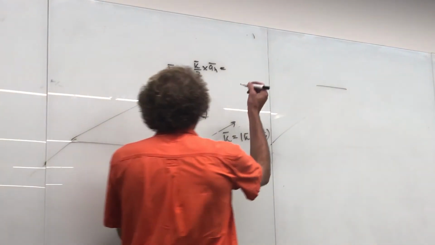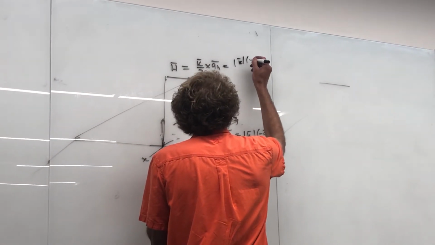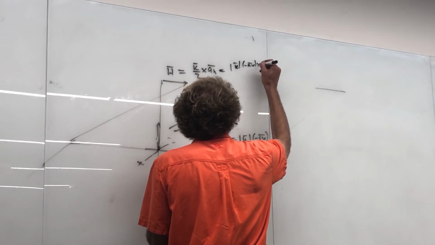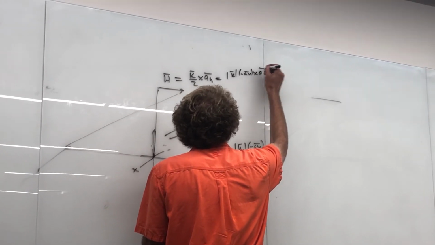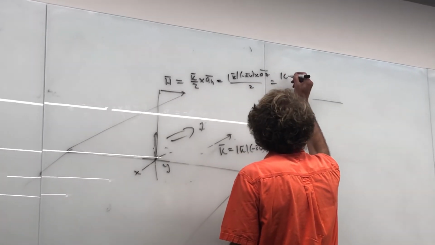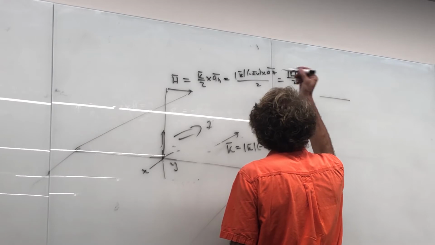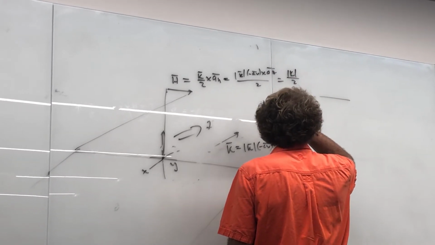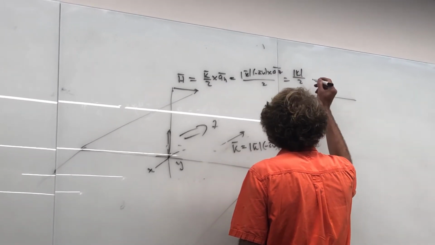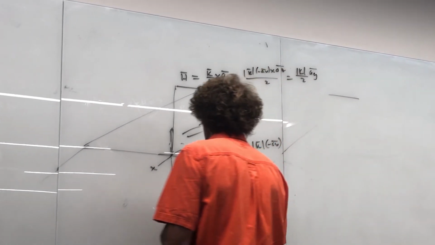So if I put this in here, I'd have magnitude of K in the minus AX direction, crossed into AZ, divided by 2. You can see I would get magnitude of K divided by 2, and AX crossed AZ would be minus AY, with a minus sign is plus AY. So that's what the H field would be above.